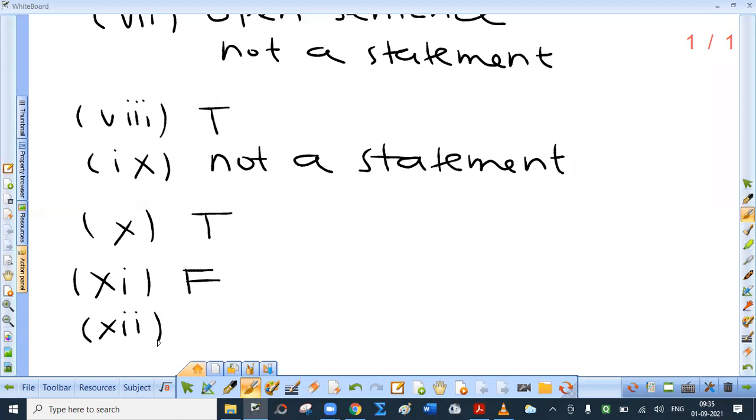Next one: can you speak in Marathi? It is an interrogative sentence, not a statement.